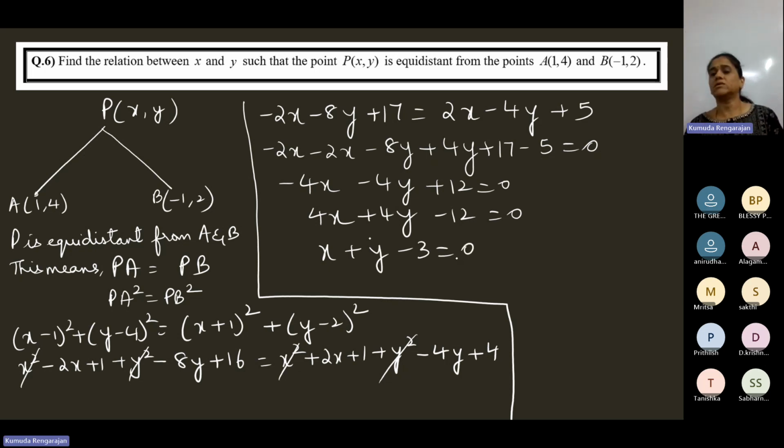Whenever you have to find a relation between x and y, you'll always get an equation like this. You cannot find the values of x and y. That's the difference between this question and the earlier question, where we were able to find two values for x or y.